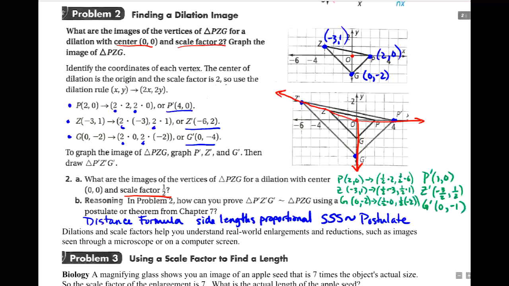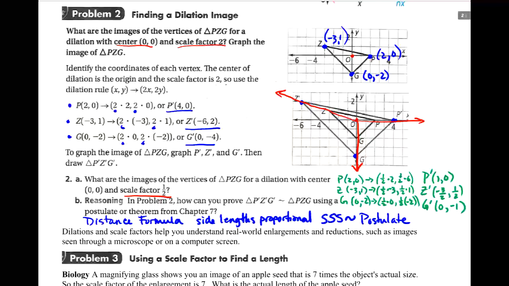P prime's at 1, 0, Z prime negative 3/2, comma 1/2. You could write those as negative 1.5 and 0.5. Those are easier to graph that way if you like. And G prime is at 0, negative 1.